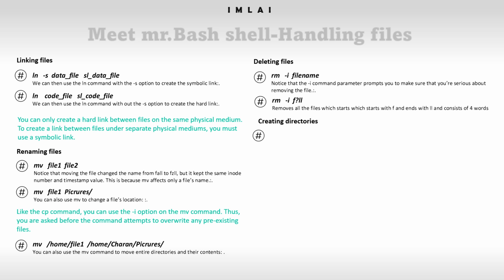Creating a new directory in Linux is easy. Just use the mkdir command. The system creates a new directory named new dir. Notice in the new directory's long listing that the directory's record begins with a d. This indicates that new dir is not a file but a directory.